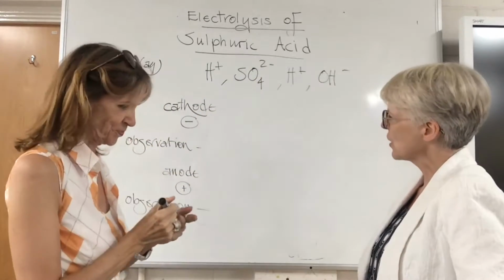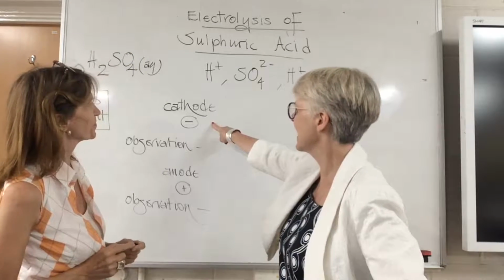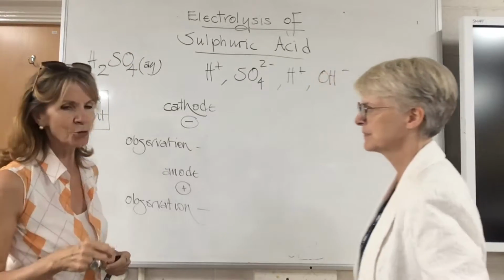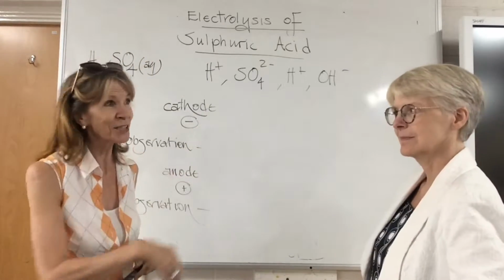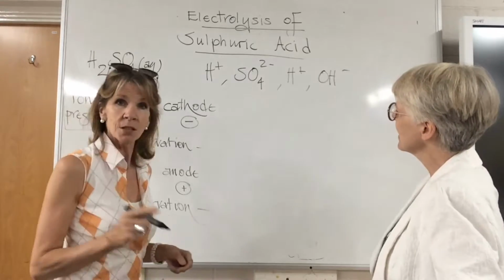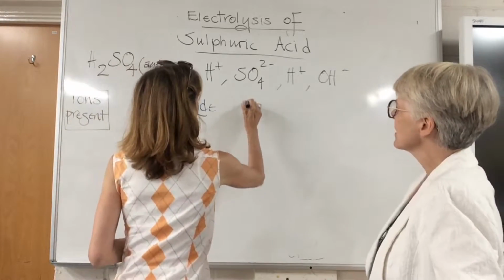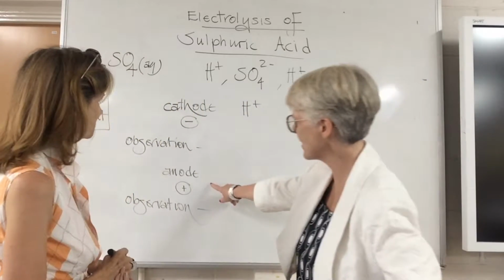So then we have to decide what's going to be attracted to the negative cathode. Those are known as cations, and there's only one positive ion there, so it's very straightforward. It is the hydrogen ions. So let's look at the anode. What's going to be attracted to the anode?